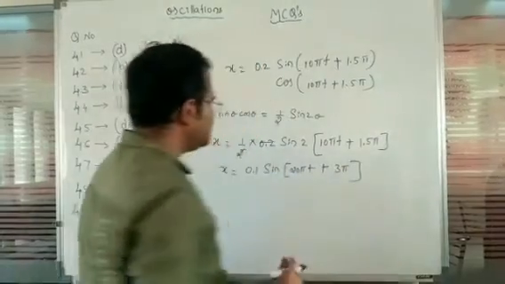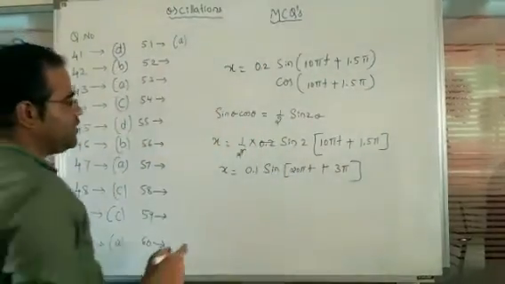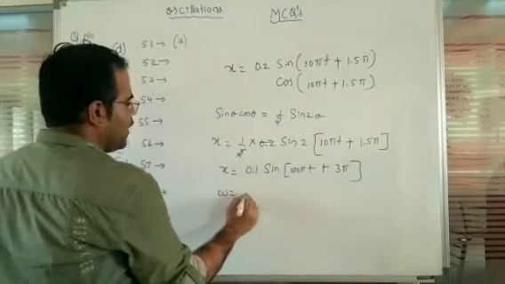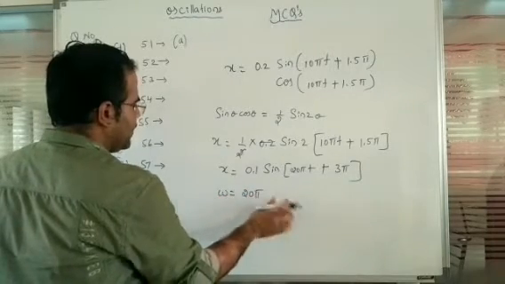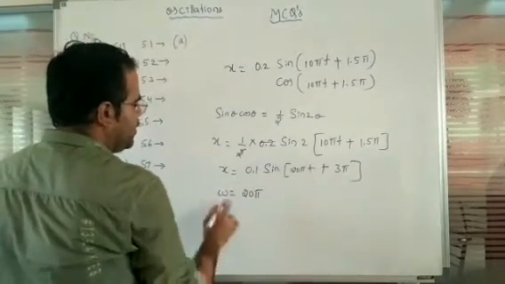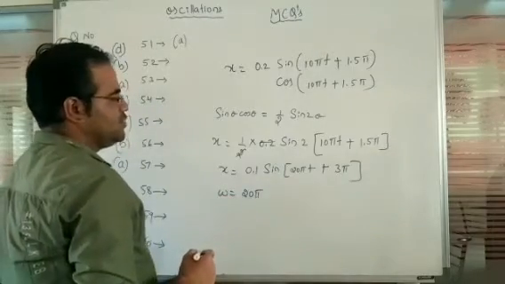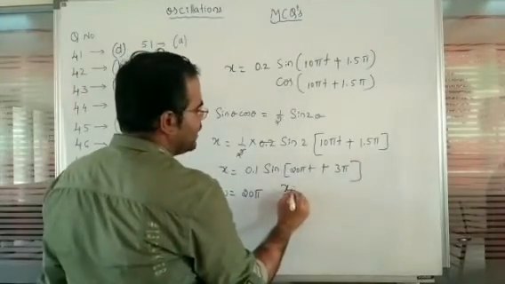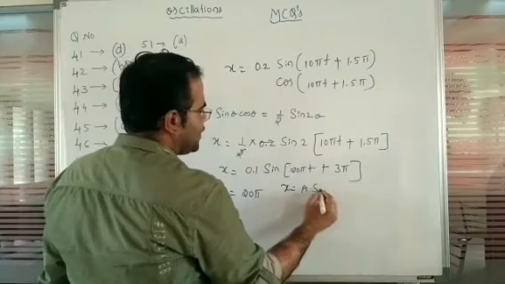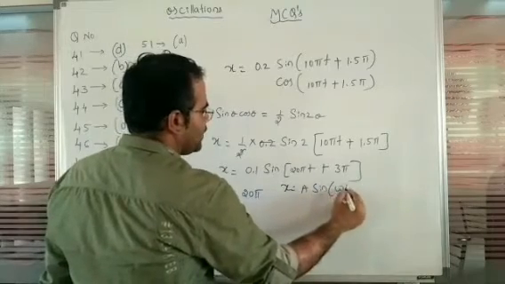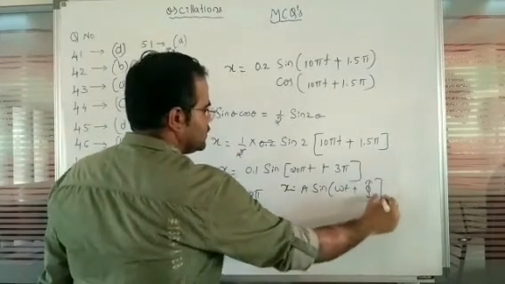This is the equation. Now on comparing, we can observe omega is equal to 20 pi, because the general equation is x is equal to a sine of omega t plus phi.